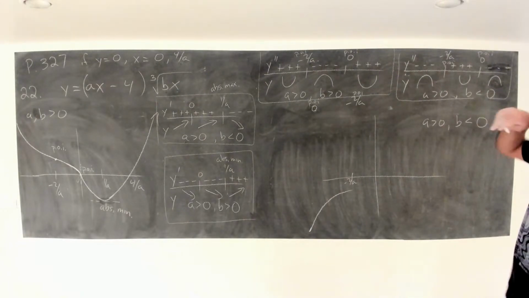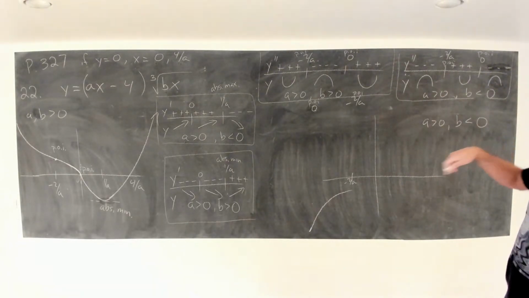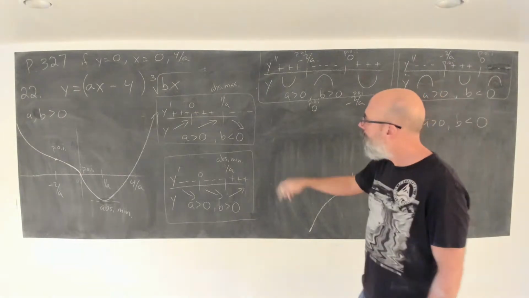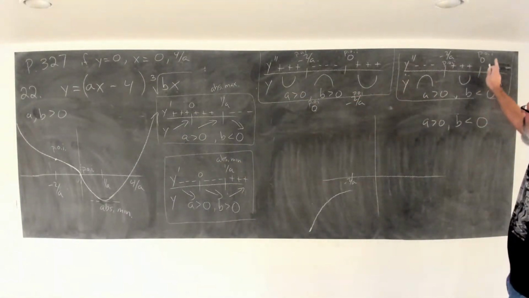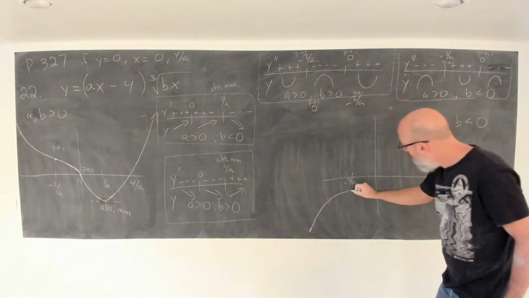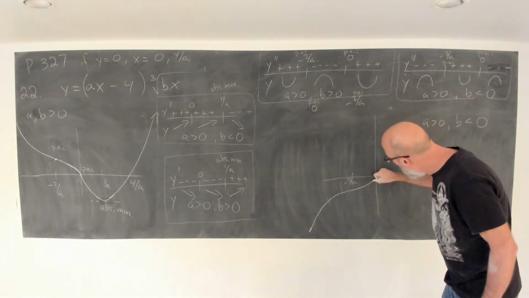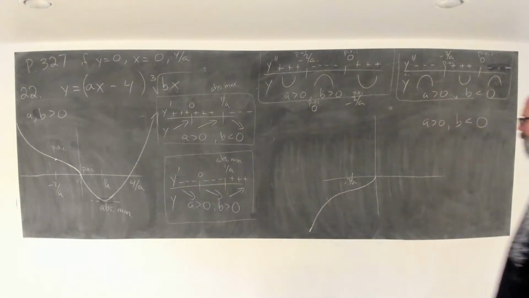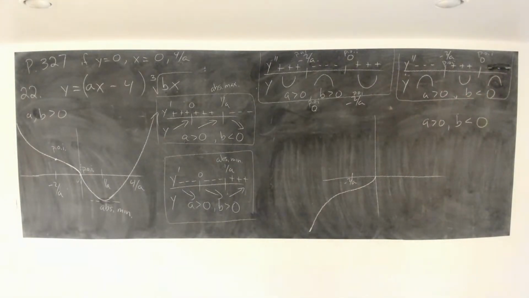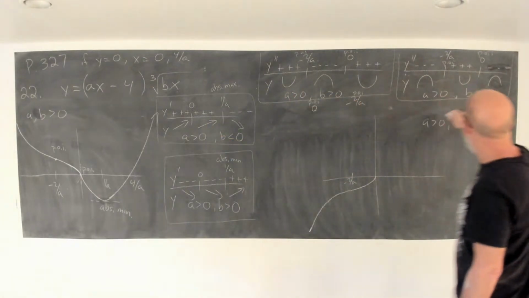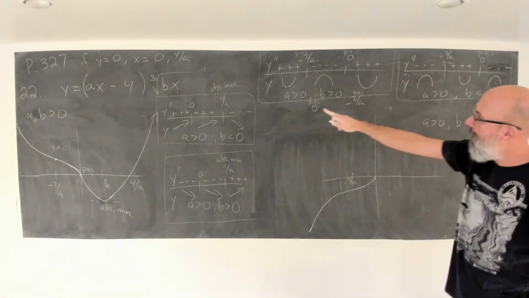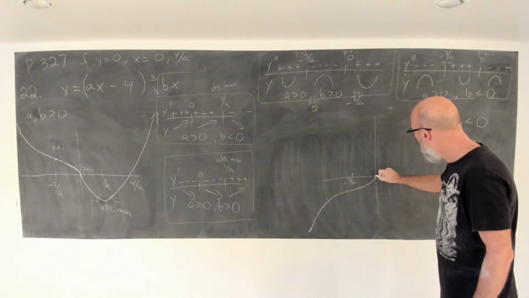At negative 2 over a, you are still increasing, concave up now, all the way to 0. Afterwards, you are still increasing, concave down now, all the way to 1 over a.